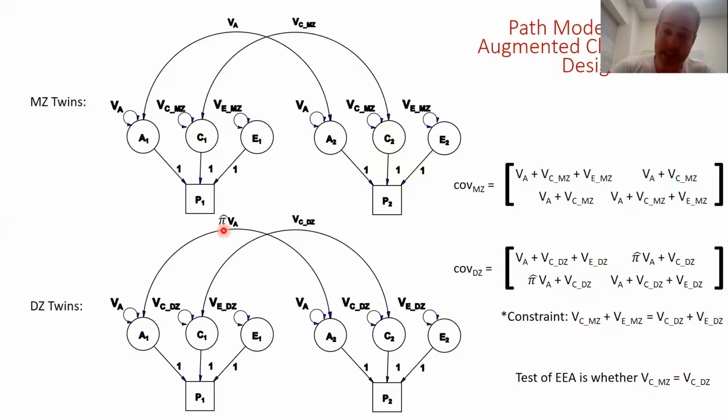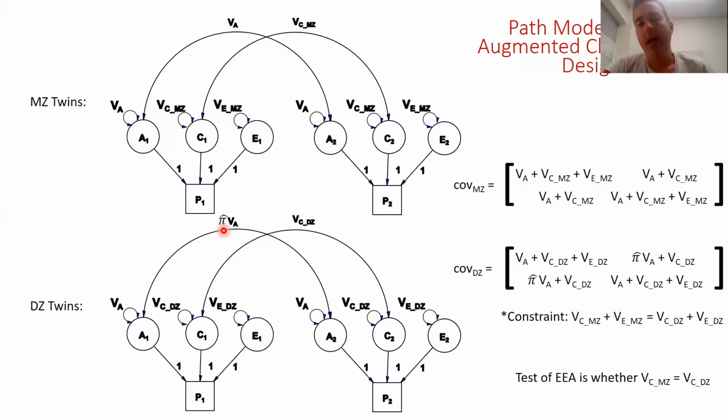Of course, we're looking at DZ twin pairs, so you're never going to see either of those extremes. Rather, pi hat is going to be around 0.5, but it will vary across twin pairs, somewhere between about 0.38 and 0.62, depending on the twin pair that you look at.